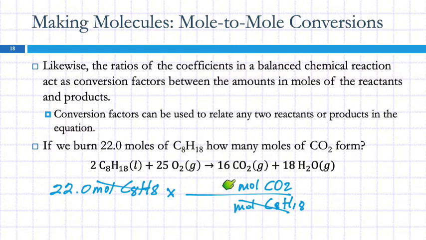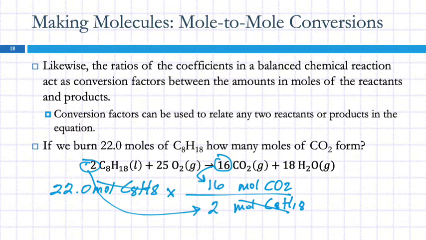The ratio of moles of one thing to moles of another is the coefficients in the balanced chemical equation. So 2 moles of octane give us how many moles of CO2? 16, right? It's just literally that number is going in here and this number is going in there.